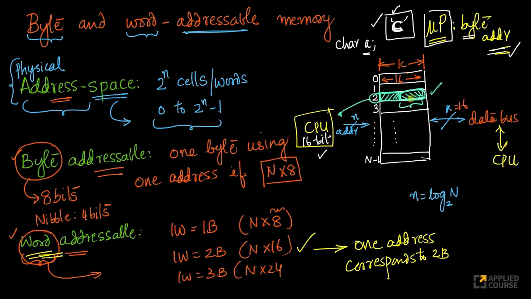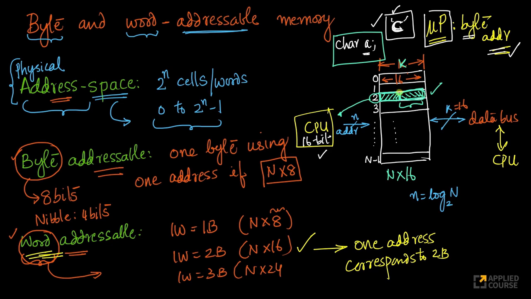This is simple. If I want byte addressability, imagine you're writing a C program and you wrote char A. Let's assume char requires 1 byte. But your architecture is like this: you have a 16-bit processor and your memory itself is, let's say, some n cross 16 memory. Still, I can get it to work very easily. How do I get this to work? Very simple.